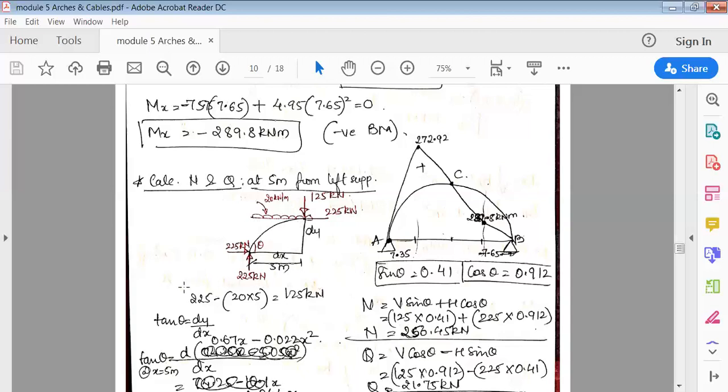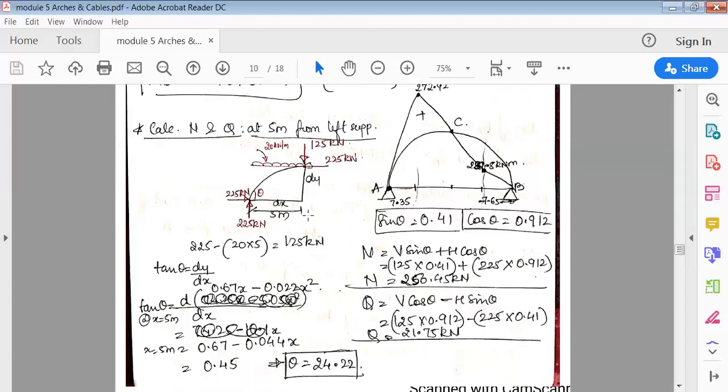So 225 minus, you always have to subtract this load. 225 is upward, here also downward. So 225 minus 20 into 5, it is 125. Now this is the actual vertical force V which we'll be using here. This becomes V and this becomes H throughout the problem.